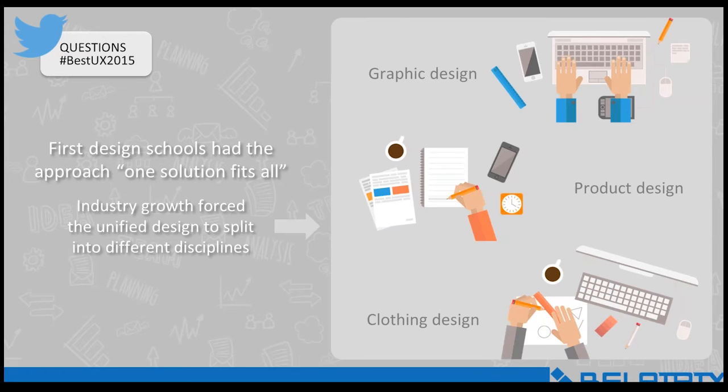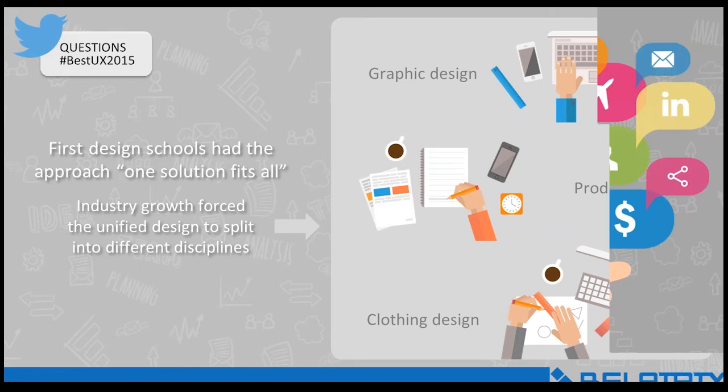So this is what made that half a century after that, a lot of the design got split into different units of work, and the areas that we know nowadays, like graphic design and product design, were born. So this is what has happened to UX at this moment. It has evolved from the graphic design area, and all the design areas share the same methodology, and they're always using certain base.